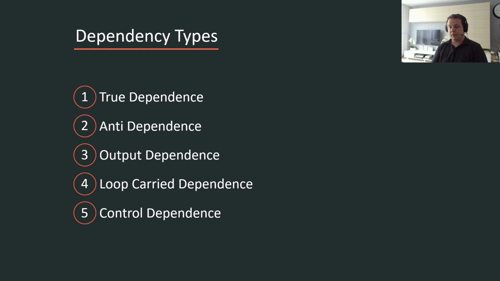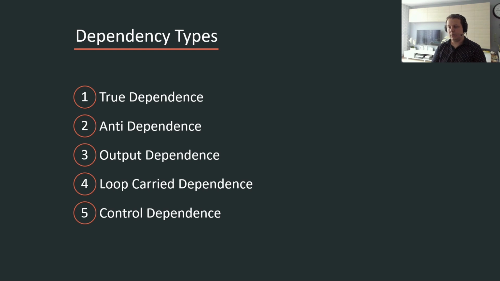Then we have what we can call an output dependence, which means if you have a single variable and you want to increment that a couple of times, well, your increment depends on the previous increment, it has to complete, right?